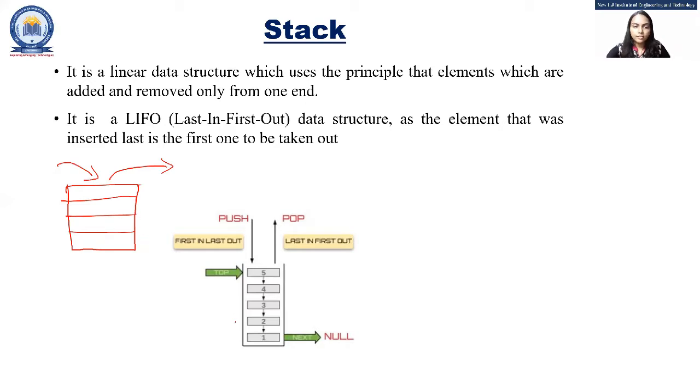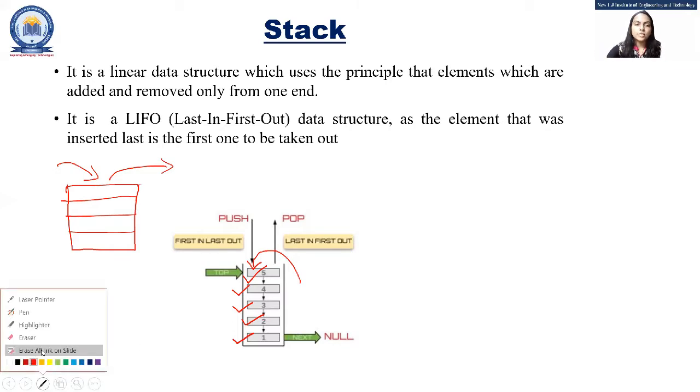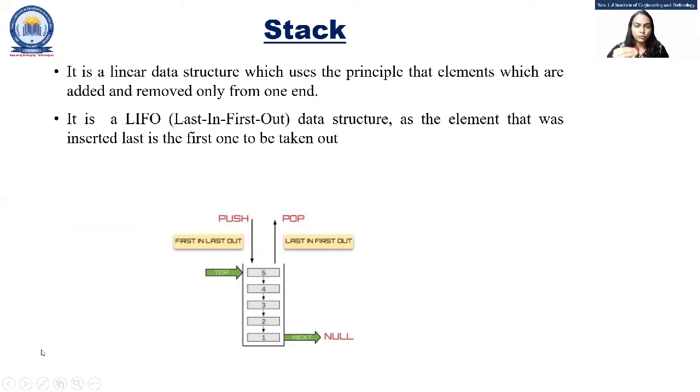Because if you see here, as one is inserted from the top, then two is inserted, 3, 4, 5, and so on. When we want to remove, removing is also from that end only. So we can only remove the element which was inserted last. And that's why we say that it follows last in, first out, right?